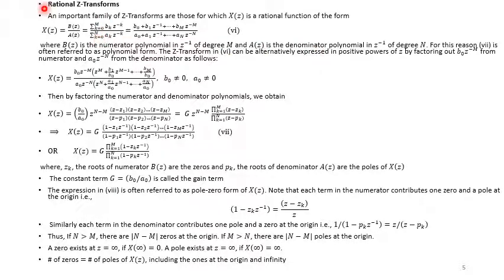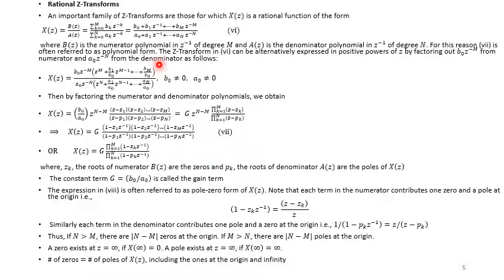The Z transform expressed here can alternatively be expressed in positive powers of z by factoring out b0 z to the power minus M from the numerator, and a0 z to the power minus N from the denominator, so that we have positive powers of z. Okay, I hope that's quite straightforward.